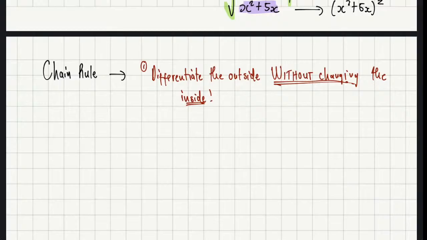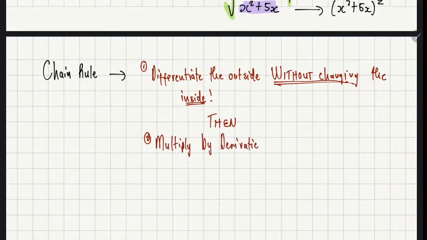Bring it back as it is. Then multiply by the derivative of the inside. So we will differentiate the outside without changing the inside. Then you multiply the answer by the derivative of the inside.